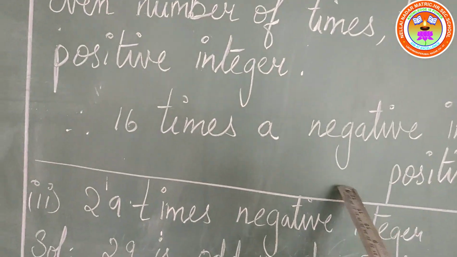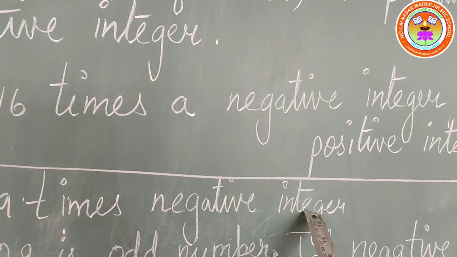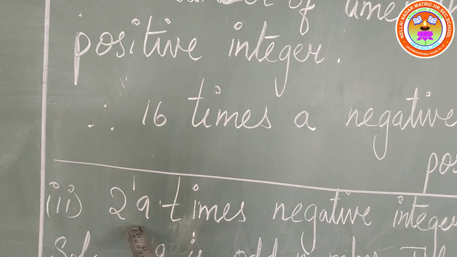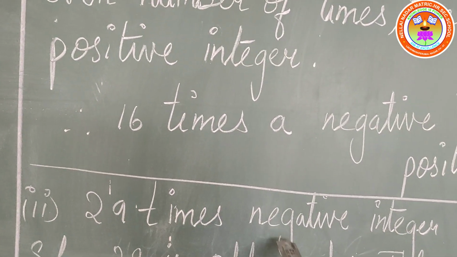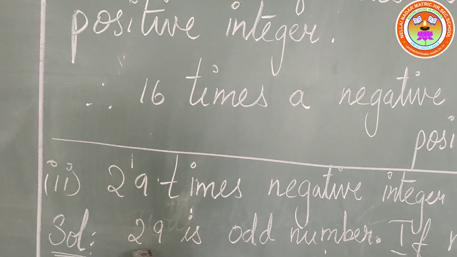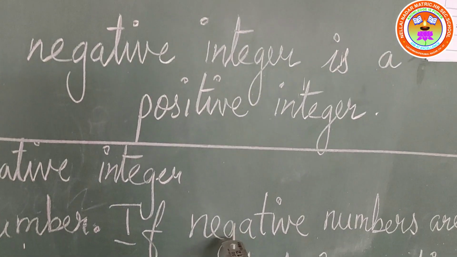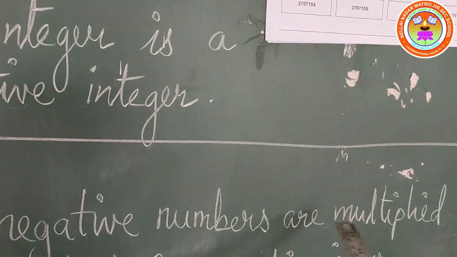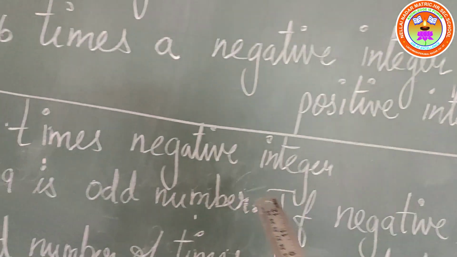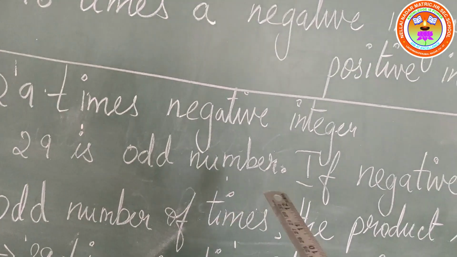Yes? Okay. Now second one, 29 times negative integer. So I have to check what sign I will get if I multiply a number 29 times. Now what is 29? Is it odd or even? 29 is an odd number. So what will happen if negative numbers are multiplied odd number of times?